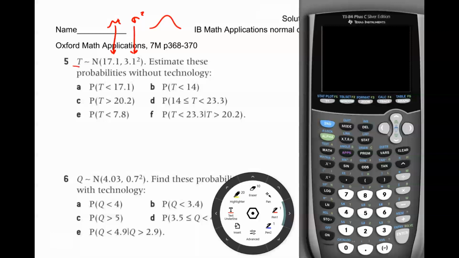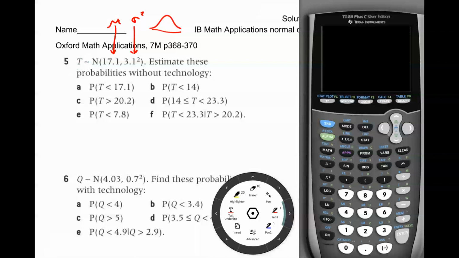They're saying the random variable T is going to be a randomly chosen number in a normal distribution with a mean of 17.1 and a standard deviation of 3.1. And this little tilde here says that T is distributed normally in this configuration.